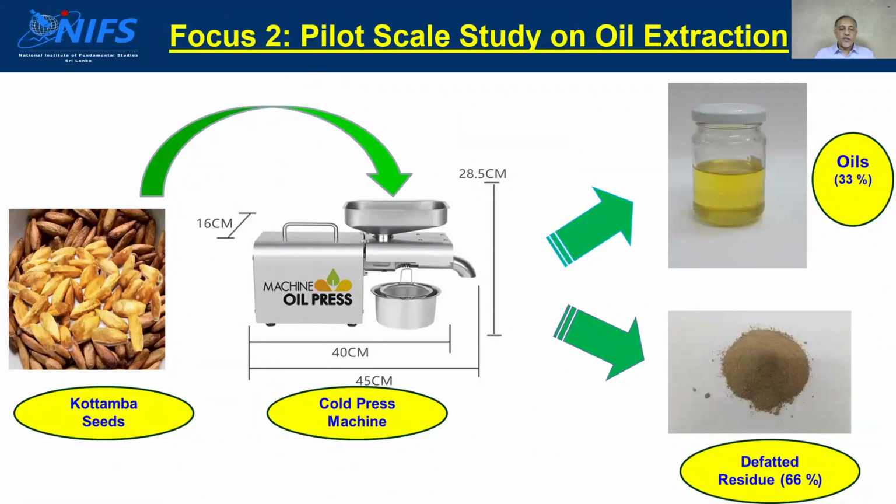For this, we dry the seed kernel and feed it into the machine, and through this exercise, we can collect about 33% oil and about 66% defatted residue. Our project aim is how to use this oil and the defatted residue for value addition and value enhancement.